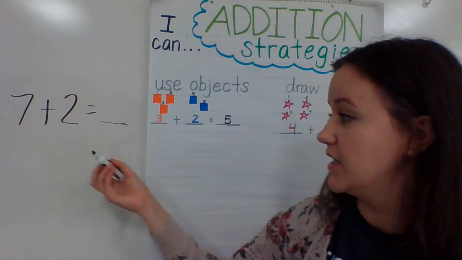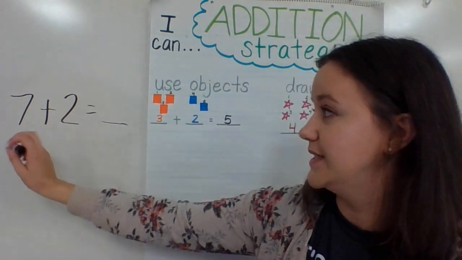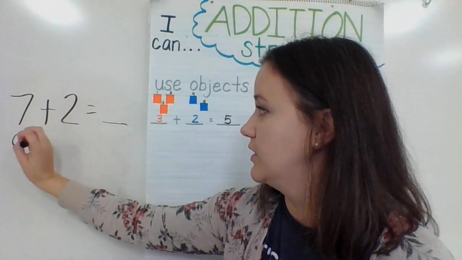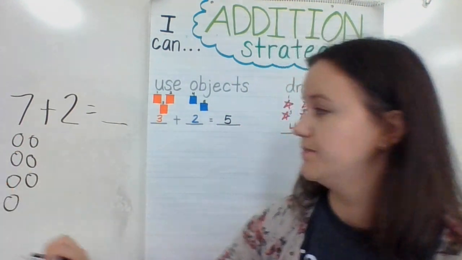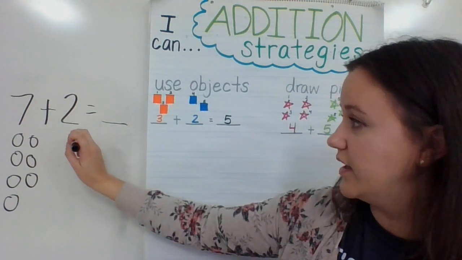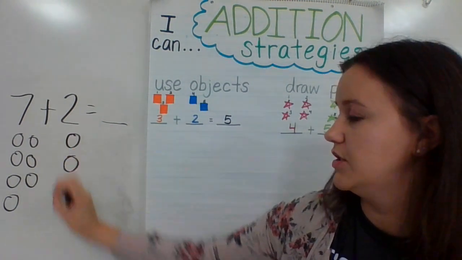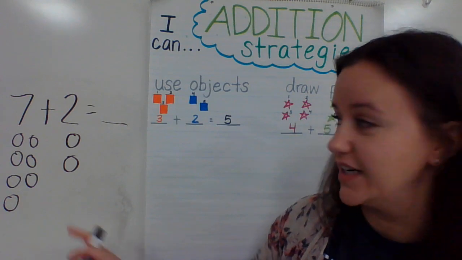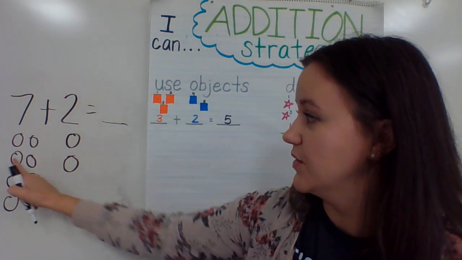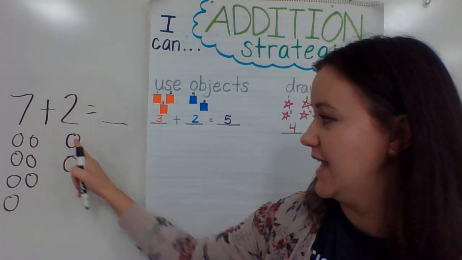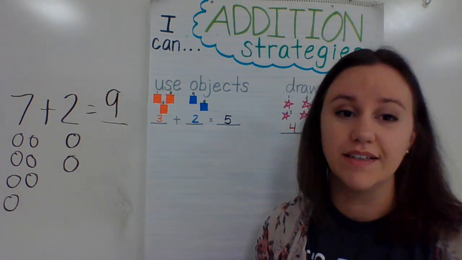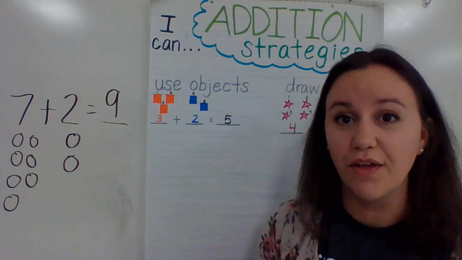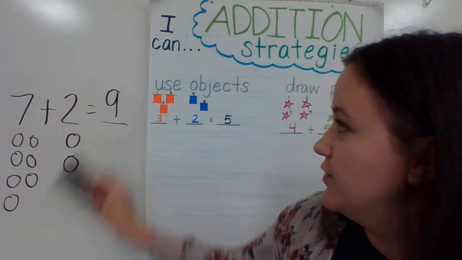I'm going to draw 7 circles: 1, 2, 3, 4, 5, 6, 7. And now I need my other add-in in pictures. So that's 2: 1, 2. Now I'm going to count them all together. I can go 1, 2, 3, 4, 5, 6, 7, 8, 9. That gives me 9.